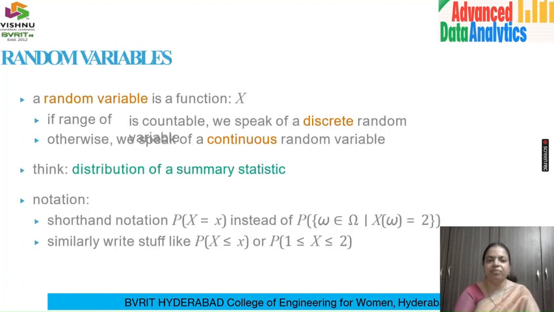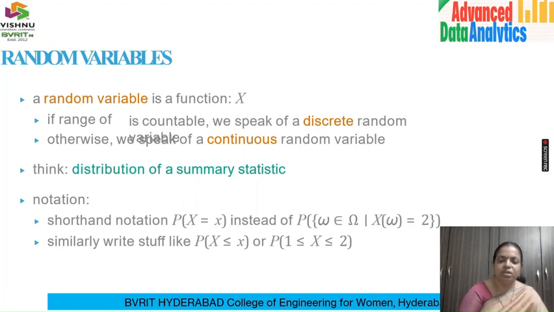Next is random variables. Whenever we get discrete information or continuous information, we take random values. From the continuous or discrete information we can find some random value, which cannot be sequential or adjacent, so we can consider them random values.